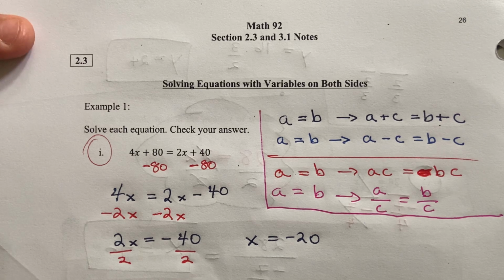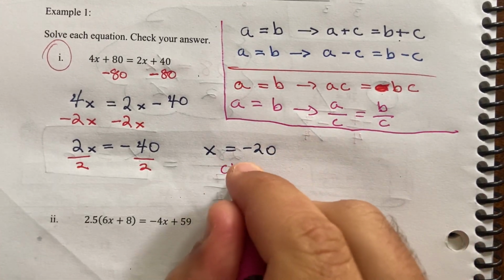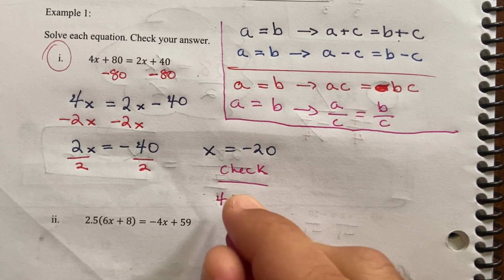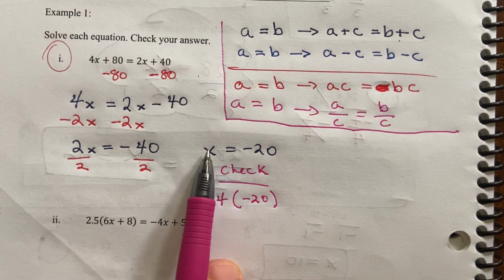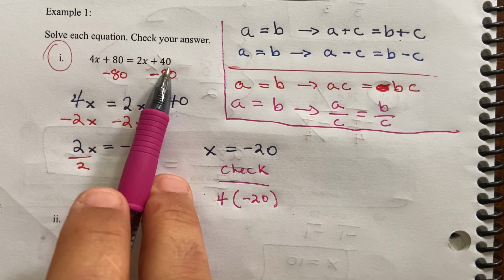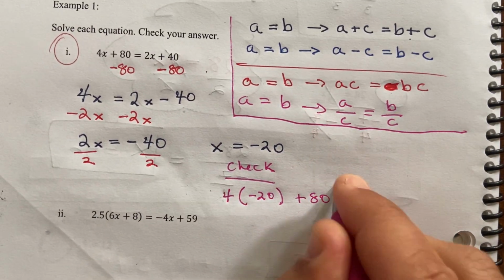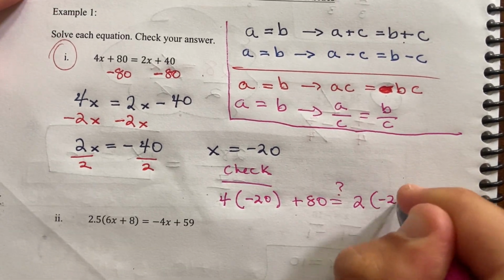And just as a check, because it did want us to check this, so we would be claiming that 4 times negative 20, right? So I'm taking my proposed solution and plugging it back into the original. So 4 times negative 20 plus 80, are you equal to, I'll write a question mark, 2 times negative 20, right?